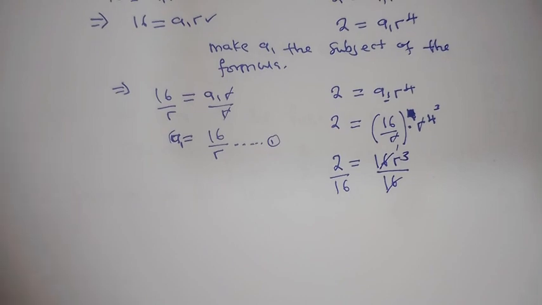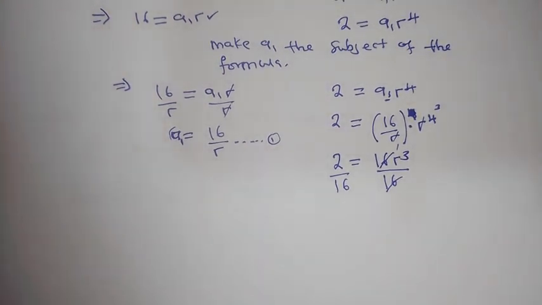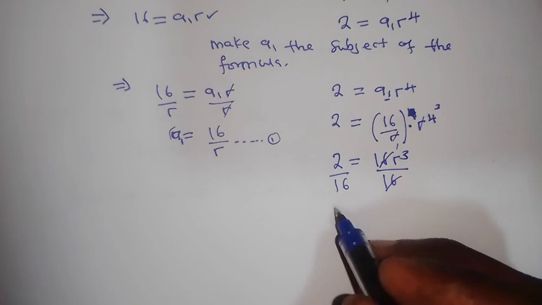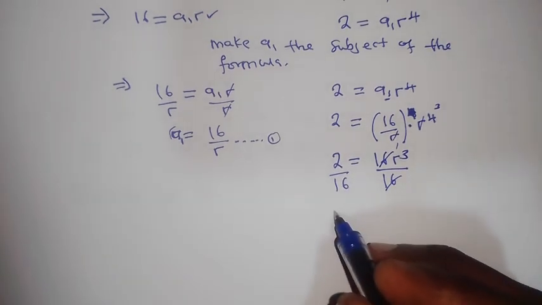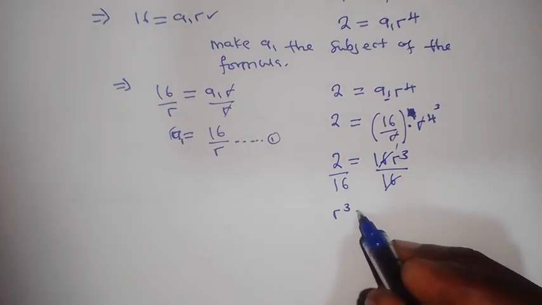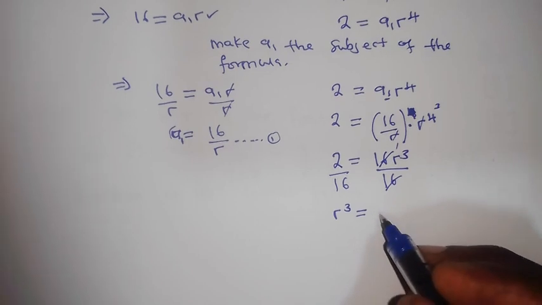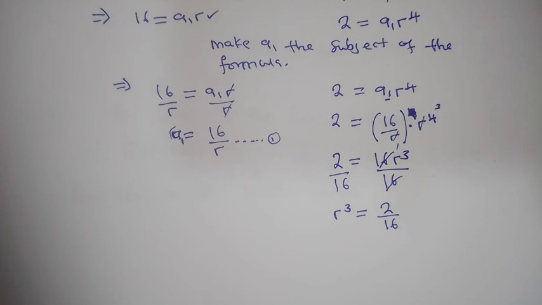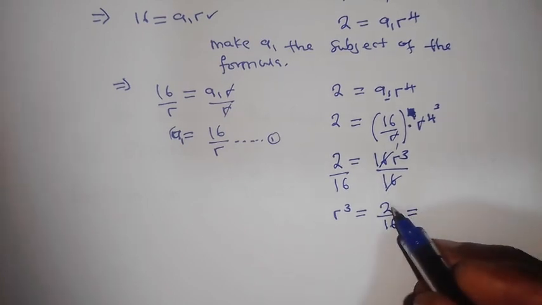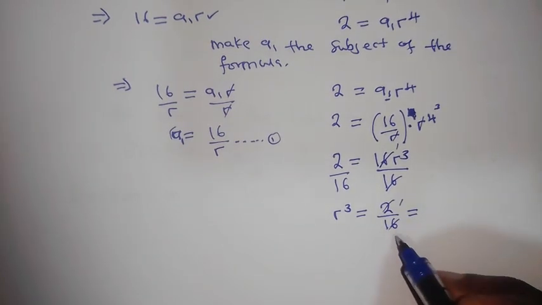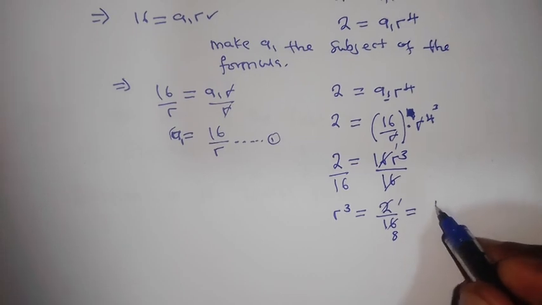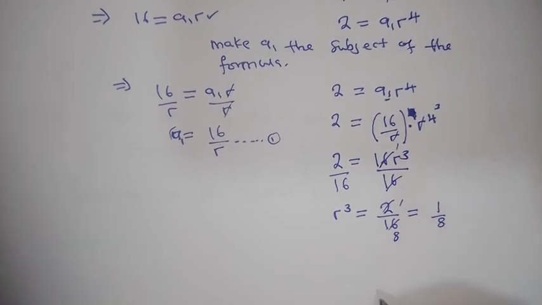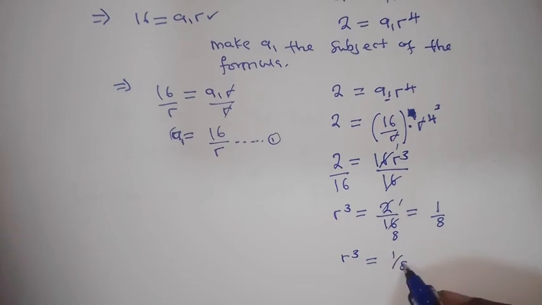And from there, we know that now we have r to the power 3 equals 2 over 16. And this is just going to be 2 there it's 1, 2 there it's 8. So we have 1 over 8. So your r to the power 3 is 1 over 8.